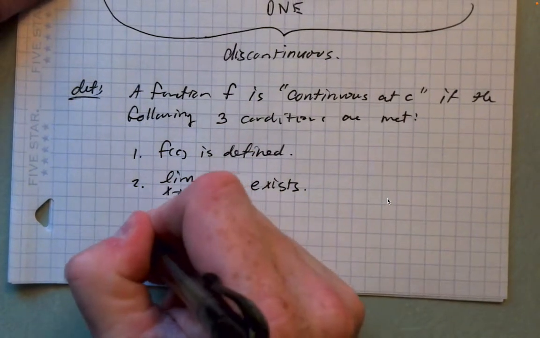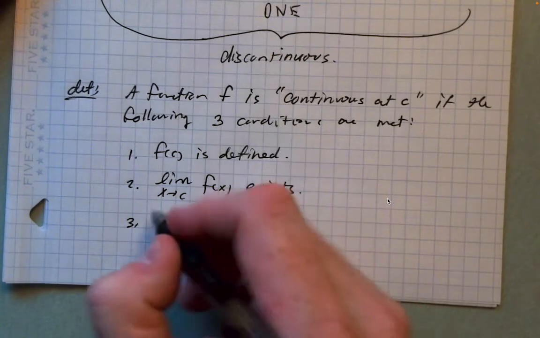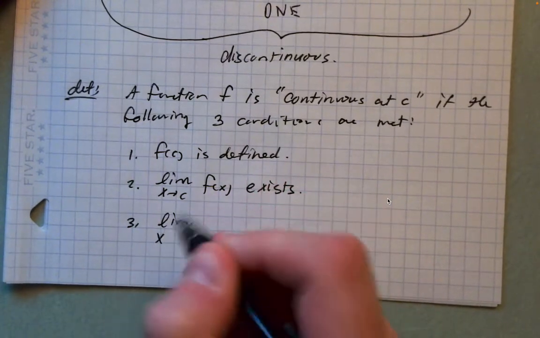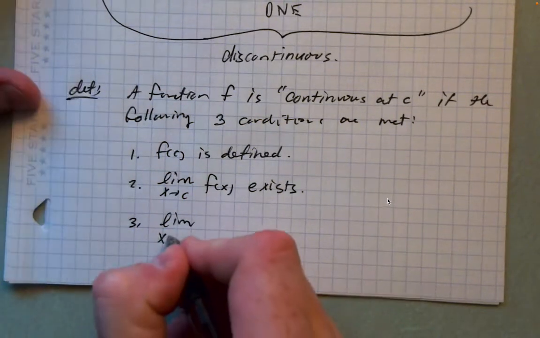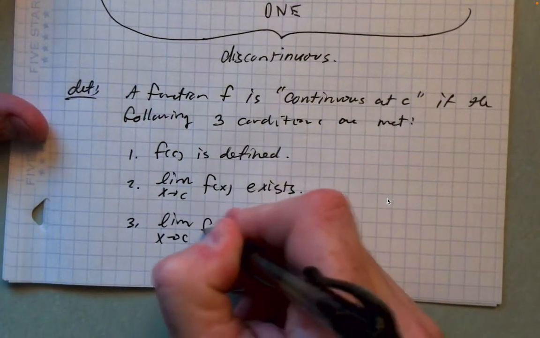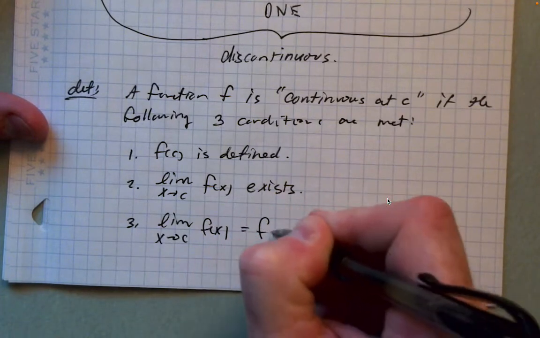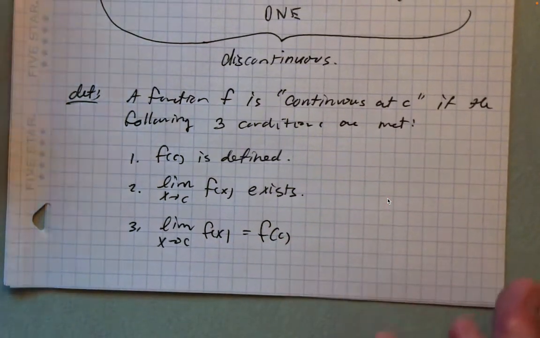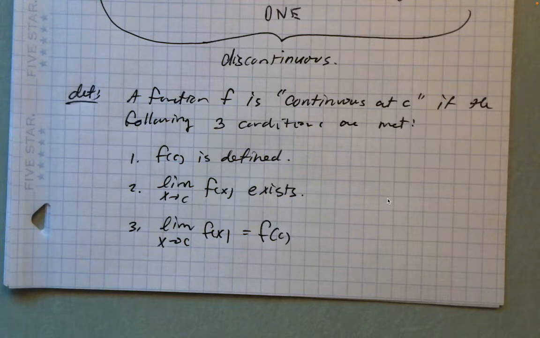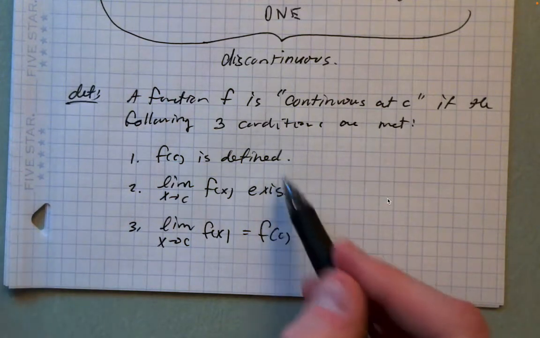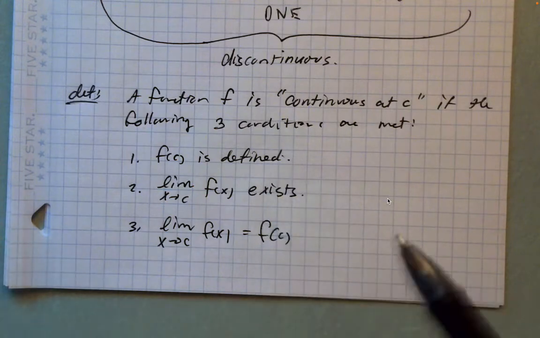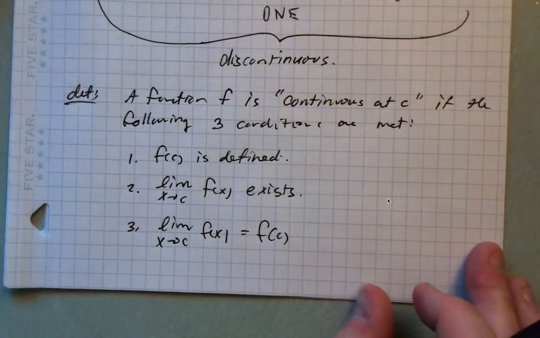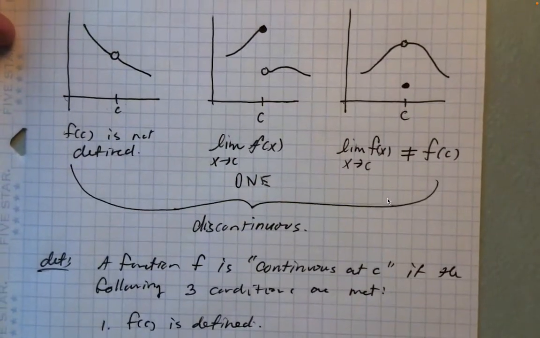And then the third condition is that the limit as x approaches c of f of x needs to equal f of c. So if these three conditions are all simultaneously met, then you have a continuous function. So let's take a look at these examples here.